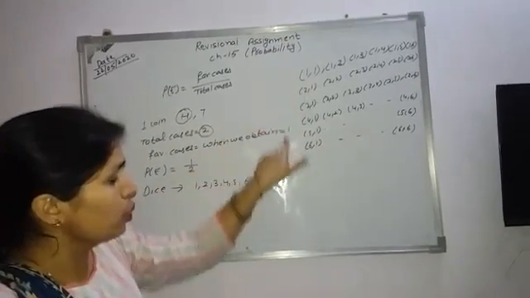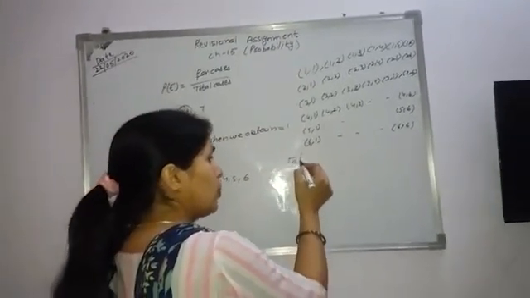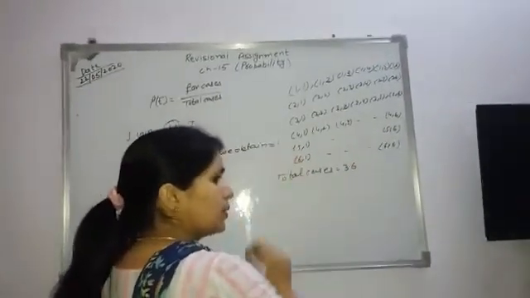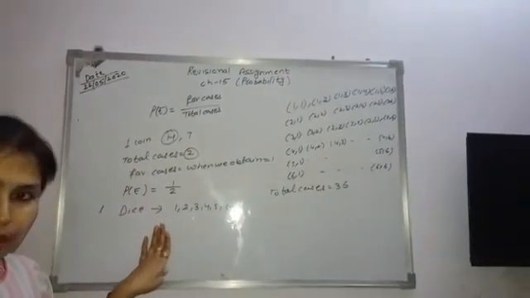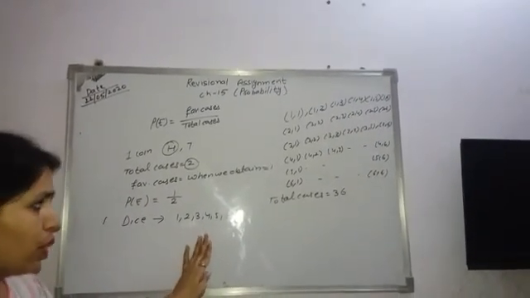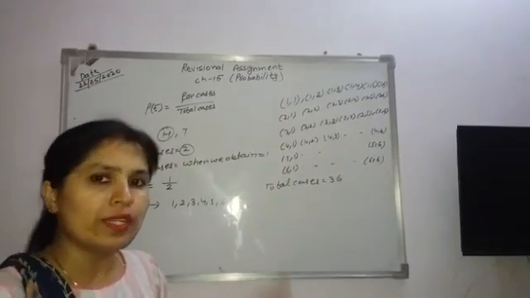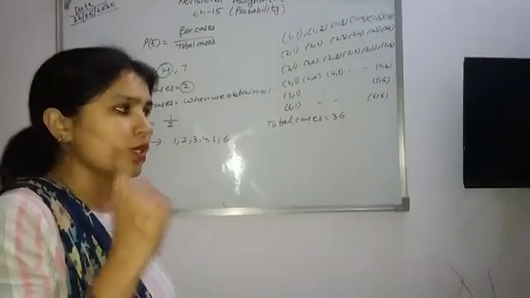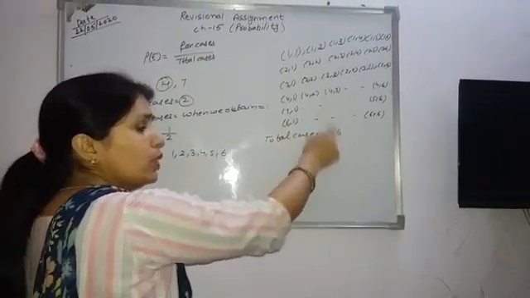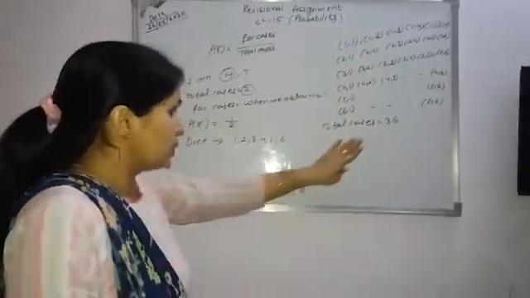So in case of two dice, total cases is equal to 36. If we have a single die, we have 6 total cases. If we throw a single die twice, in that case also we have a total of 36 cases. So this is the sample space.